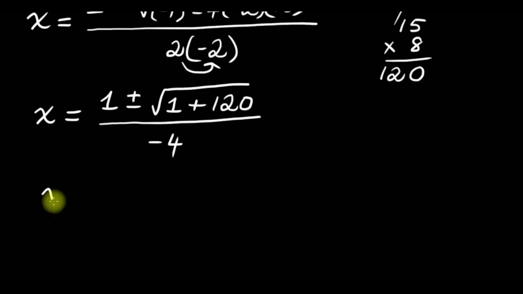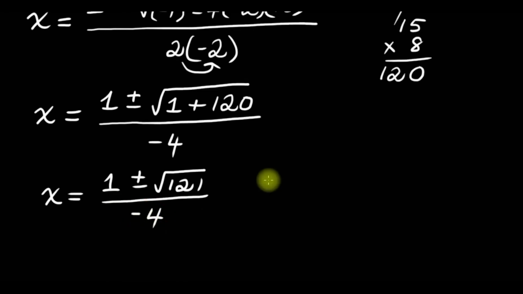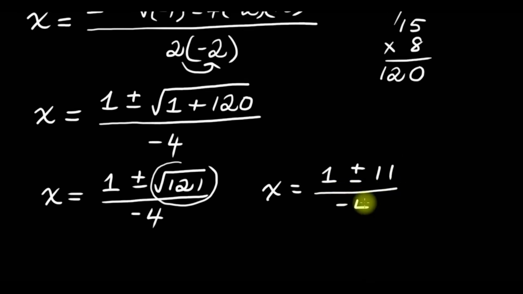So continue with this. We have x is 1 plus or minus square root of 1 plus 120 is 121, all over negative 4. X is, so 1 plus or minus, well, square root of 121 is 11. So you have 11 all over negative 4.